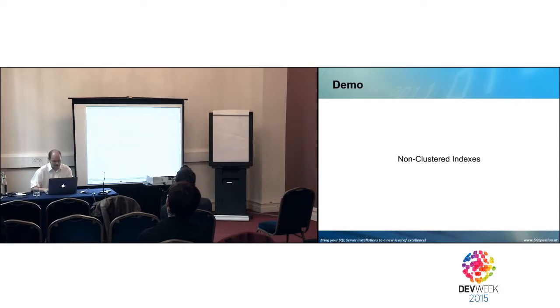I create here again the same table as previously, and I create again a clustered index on our first column, customer ID, with the data type unique identifier. And again we're inserting 80,000 rows into that table.